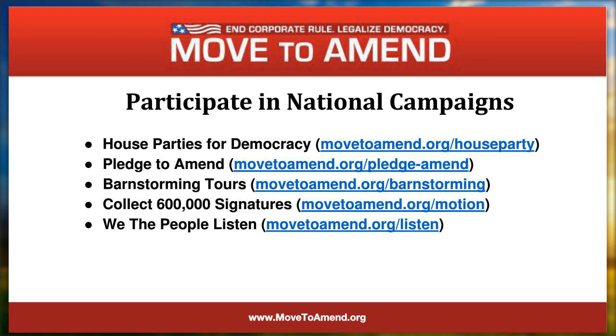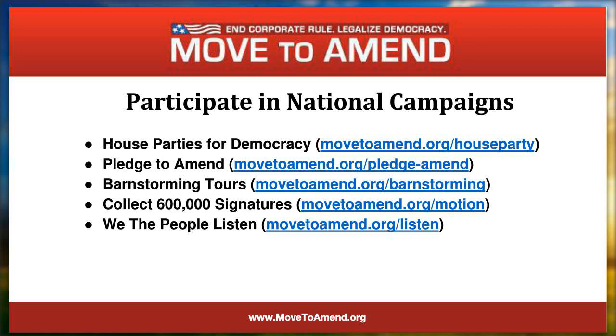So to that end, there are not just local efforts, but also national campaigns you can participate in that build your visibility and support locally, and give your affiliates and volunteers something to do. That includes hosting house parties for democracy, which you can check out on our website.